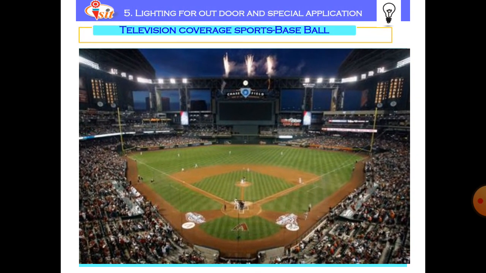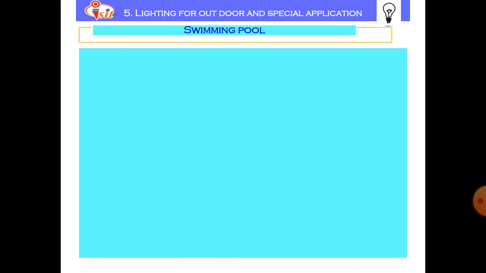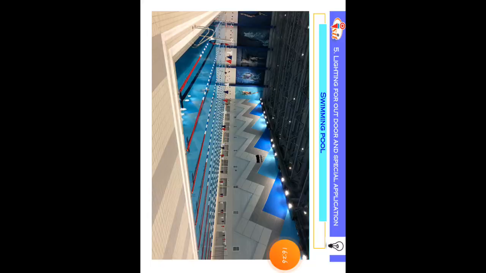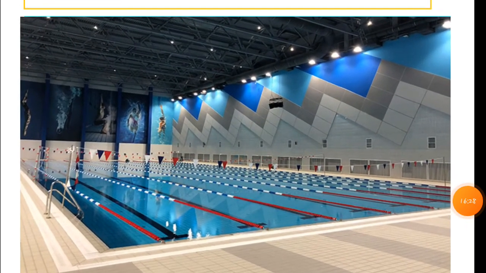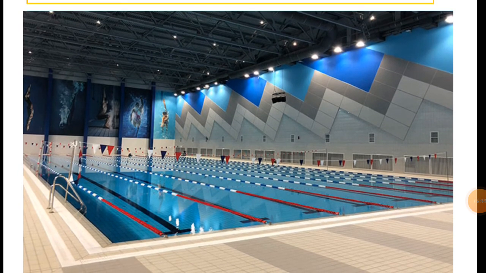And see the illumination level for the baseball ground. Next, the swimming pool. Various competitions are held for swimming, at national and international level. For that purpose, see the illumination scheme which is adopted for the swimming pool.